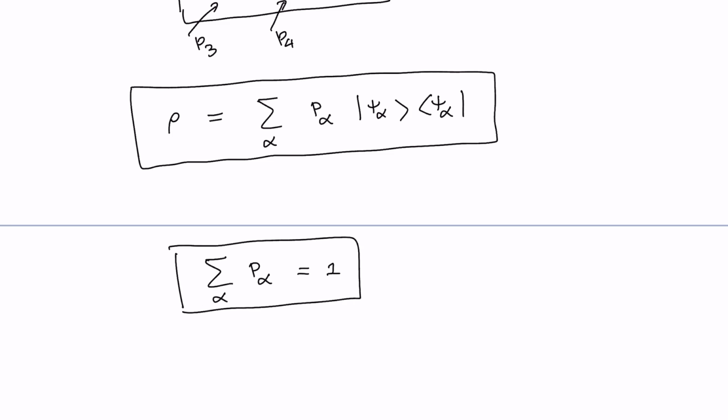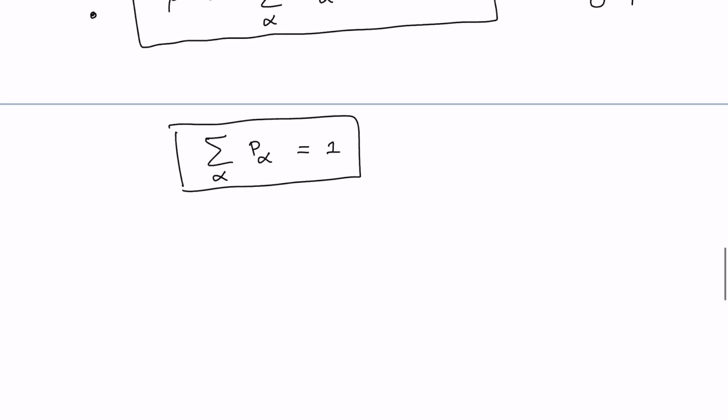So this is the general definition of the density operator, and it is valid even for an isolated or closed system. This definition is very general, and we will see its potential as we proceed in the lecture.